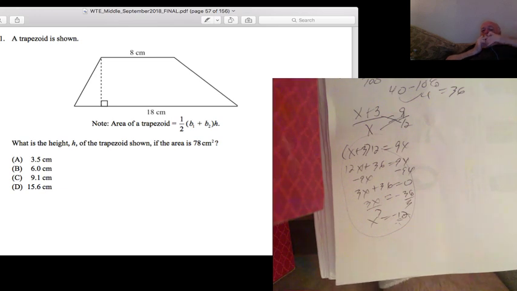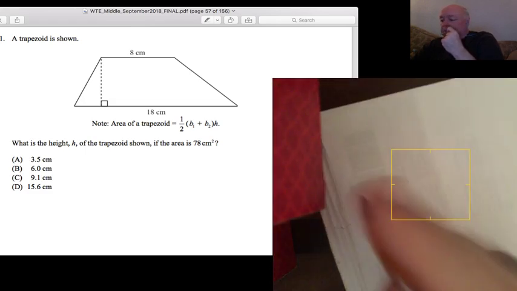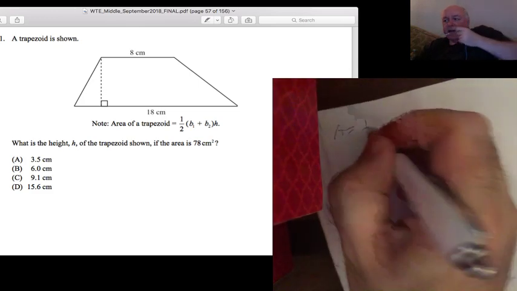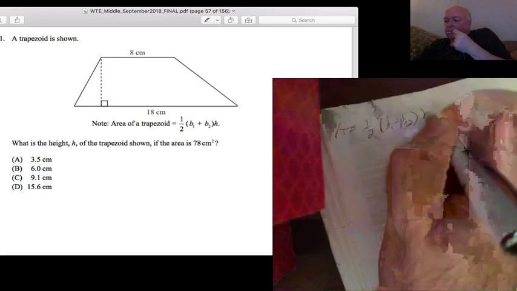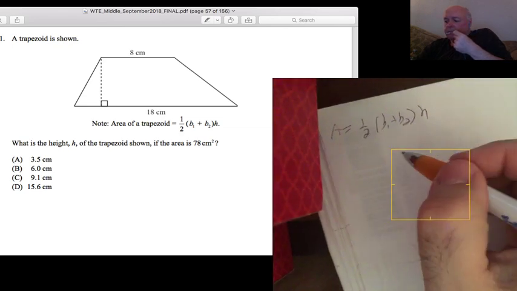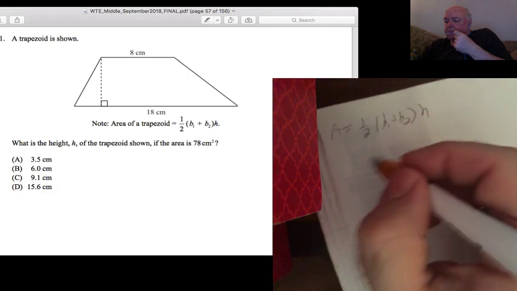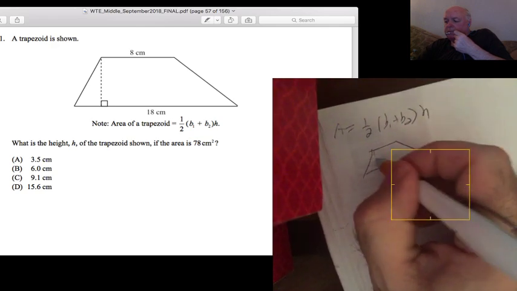This is just a matter of plugging in the numbers. The area equals 1/2 times (B1 plus B2) times H. The dotted line they're showing is the H. This is H, this is B1, and this is B2.